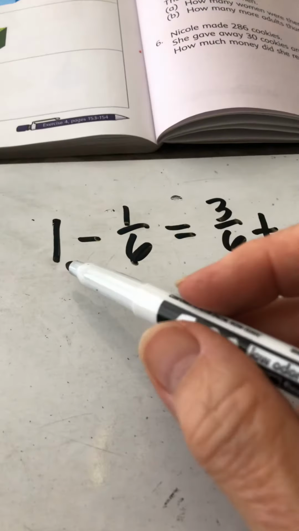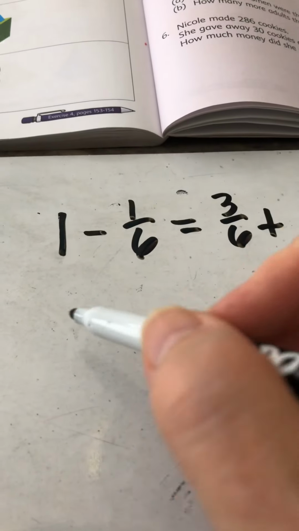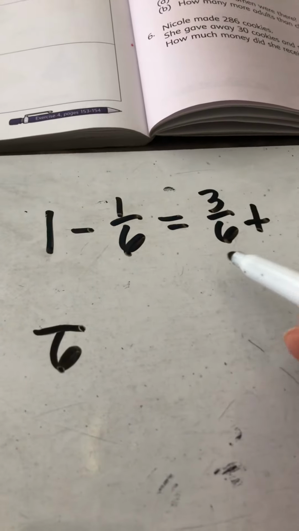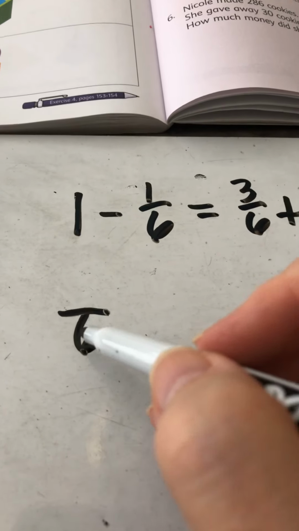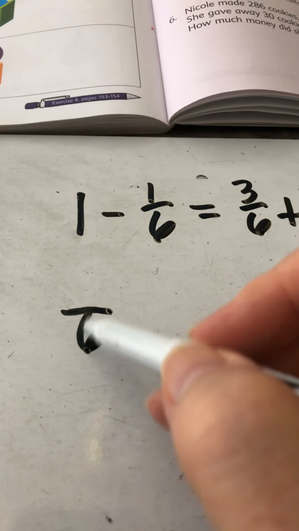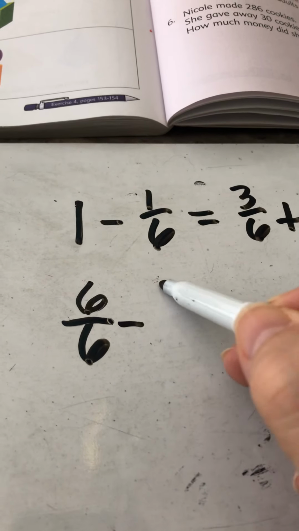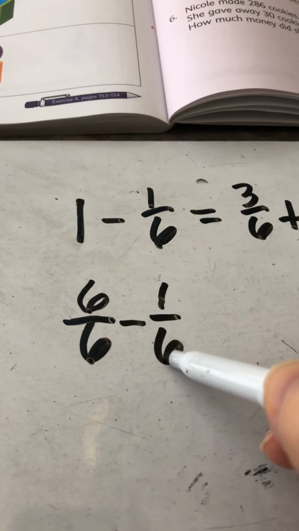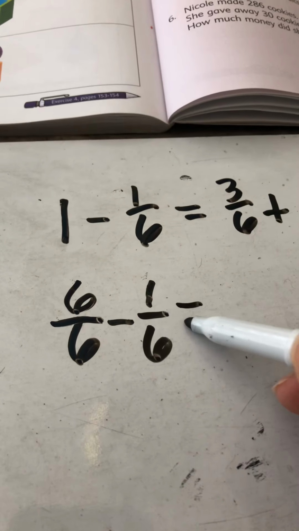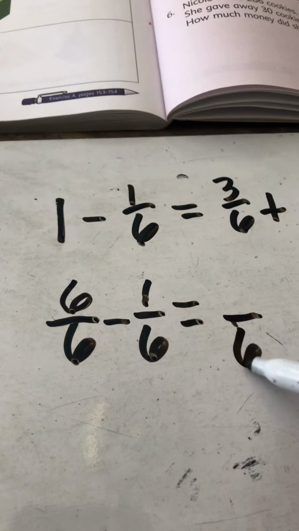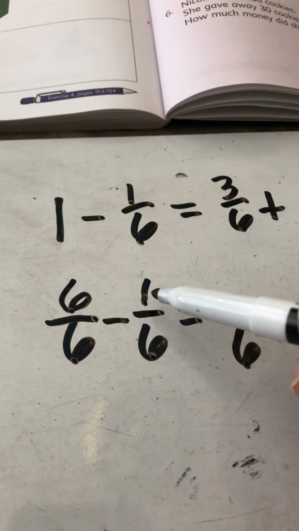Okay, well, 1 is not a fraction, but we can put 1 into a fraction if our denominator is going to be 6 because we have 6's like this. So what would 1 whole be? I want the same number above. So 6/6 minus 1/6 equals, remember I don't do anything with the denominator. I'm just going to work with the numerator.